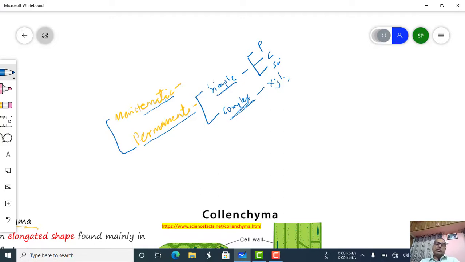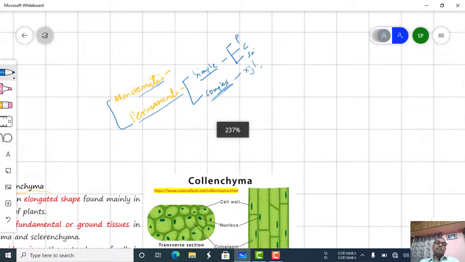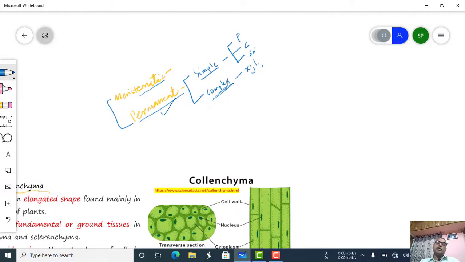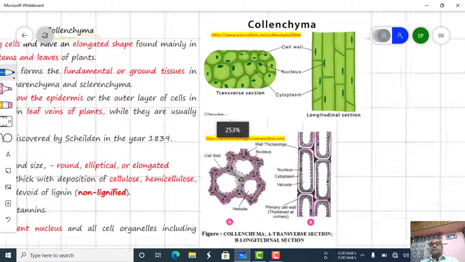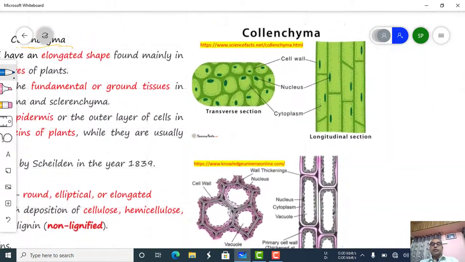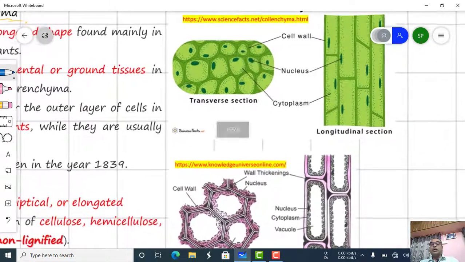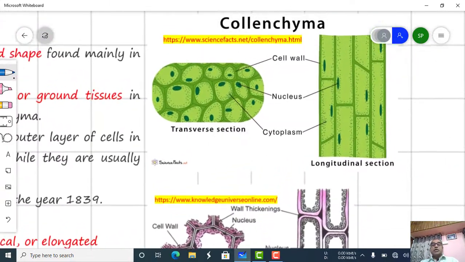Today we will deal with a simple permanent tissue, collenchyma. Just see, these are some figures showing the collenchyma type of cell.